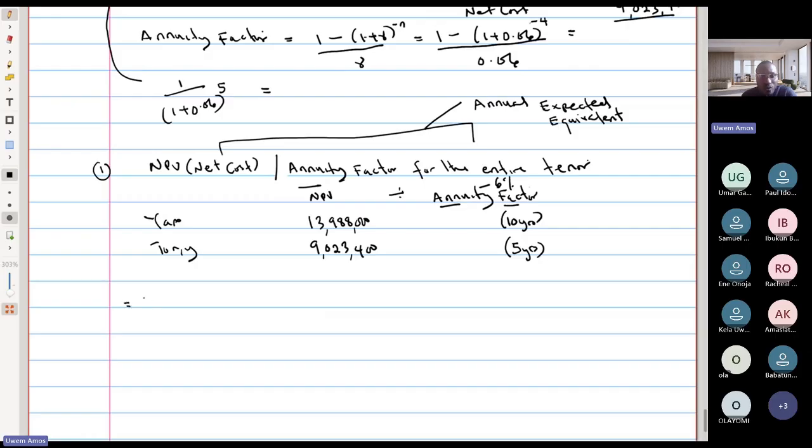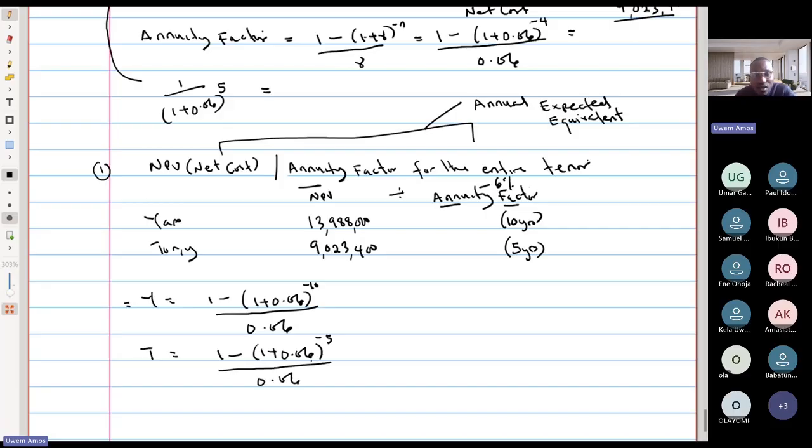So for Yarrow, that would be 1 minus (1 plus the rate of return, which is 0.06) raised to the power of minus 10, divided by 0.06. For Tony, it will be 1 minus (1 plus 0.06) raised to the power of minus 5, divided by 0.06. Okay, so what do we have?